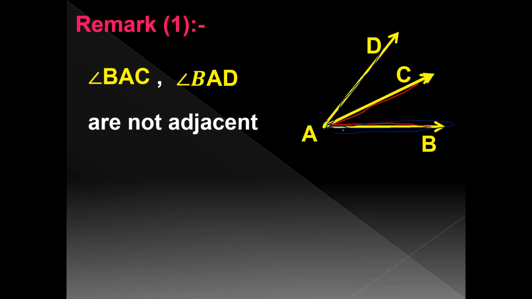But the other two sides are not in the opposite sides of the common side. They are in the same side, not in opposite sides of the common side. So the third condition is not found, and the two angles are not adjacent angles.